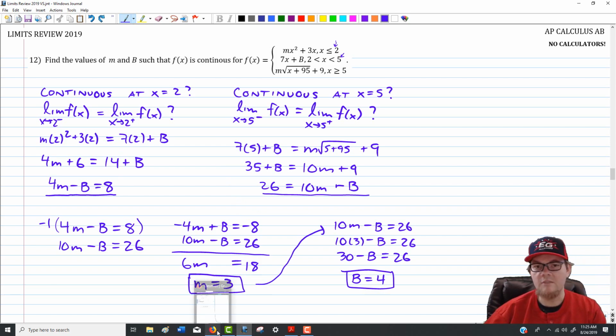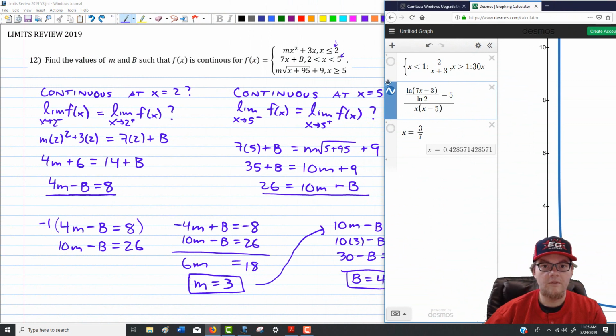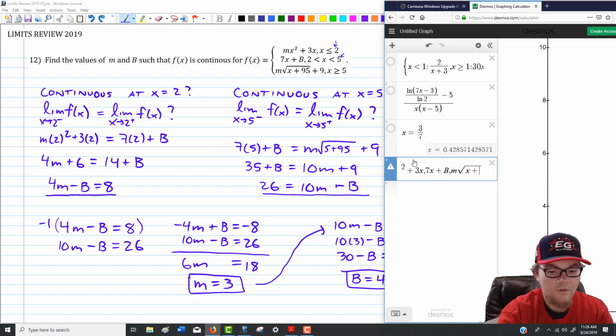For the moment, I've been using Desmos to make sure these things work. So let's go try it real fast. Try to keep it as visible as possible here. So mx squared plus 3x. We're going to have 7x plus b. And we're going to have m square root x plus 9. Okay, so I didn't do a good job of making that right. Greater than or equal to 5.